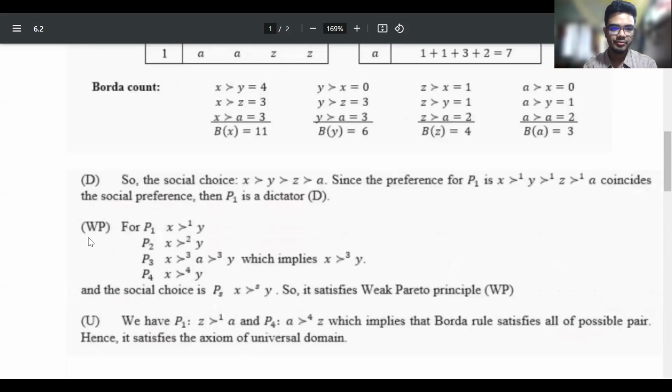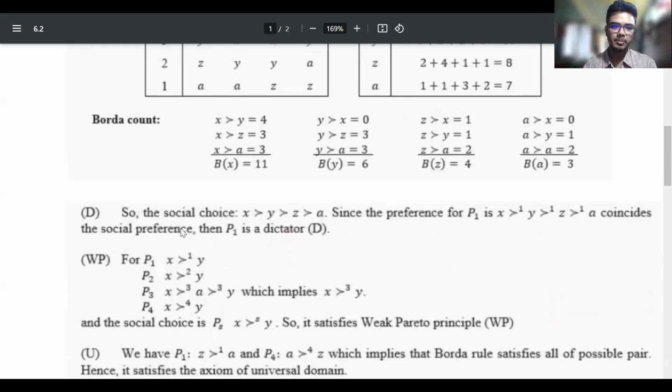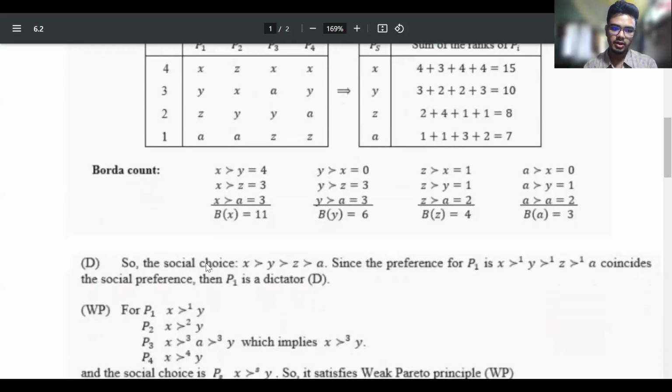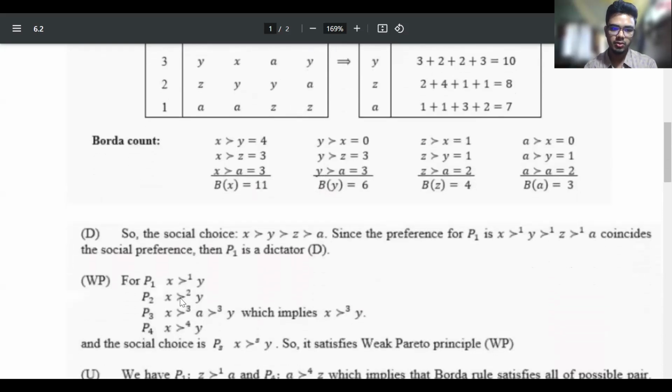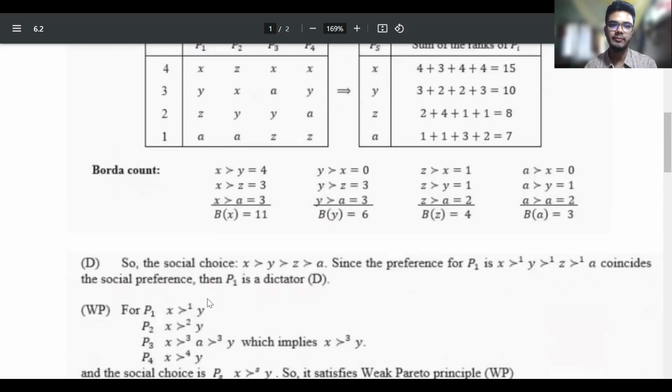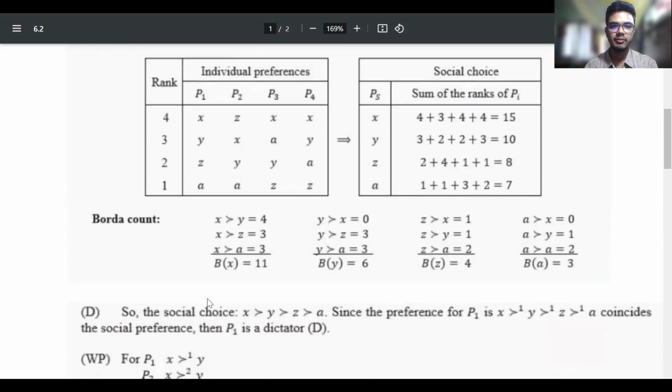Then WP. WP means weak Pareto principle. So for P1, what do we see? X is preferred to Y. Yes. For P2, X is preferred to Y. Yes.